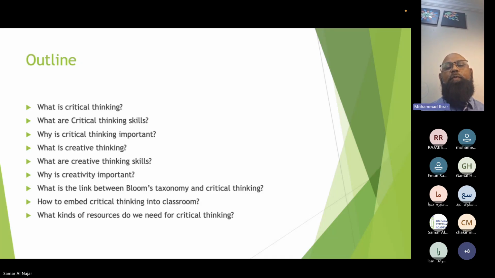And then we'll see the link between Bloom's taxonomy and critical thinking. We are also going to see how to embed critical thinking into the classroom. How do we use different types of activities to promote critical thinking in our classrooms? And what kind of resources do we need for critical thinking? So we are going to look at each stage one by one in a bit.